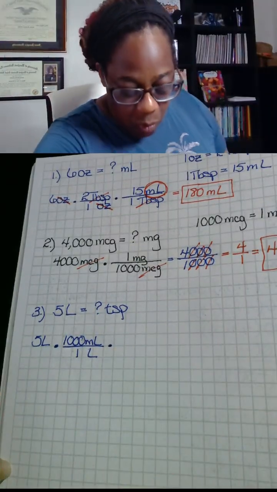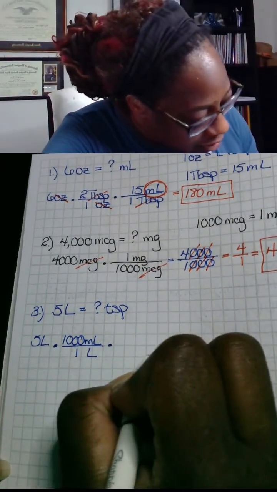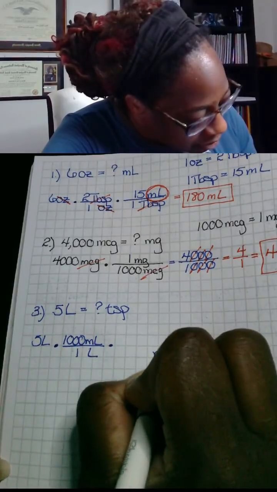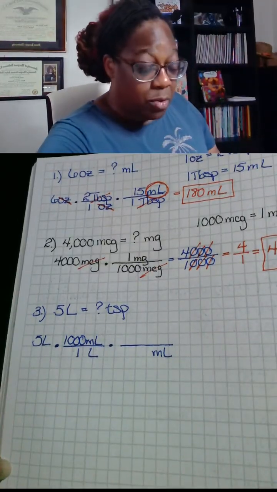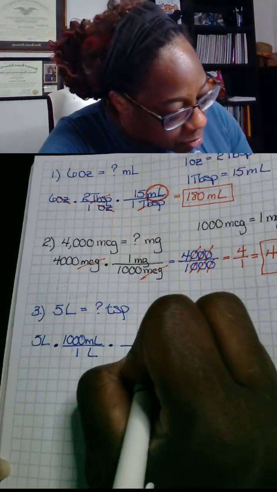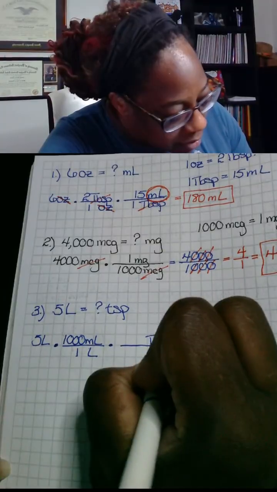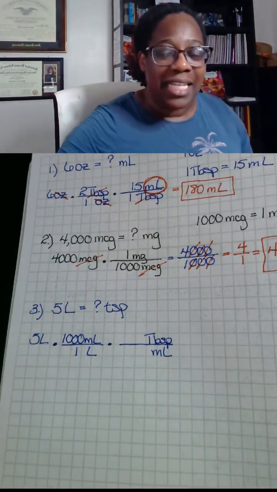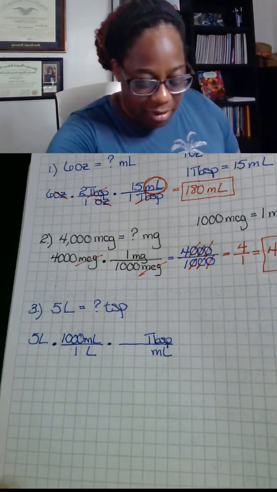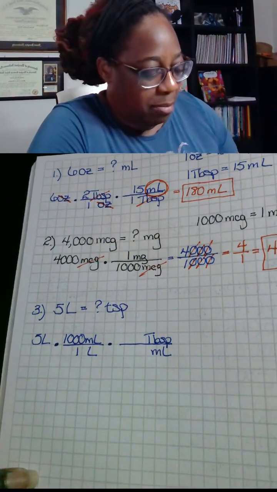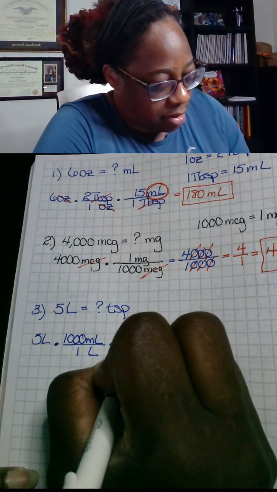Now, we want to go from milliliters, not to teaspoons, but to tablespoons. So looking at your list, I showed it a couple of times. How many milliliters are in a tablespoon? That's a lot easier.